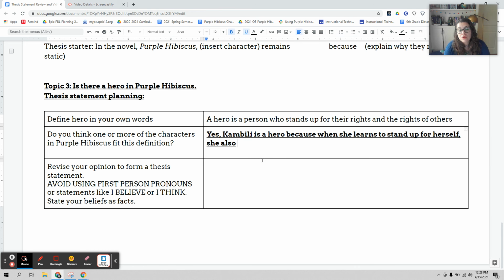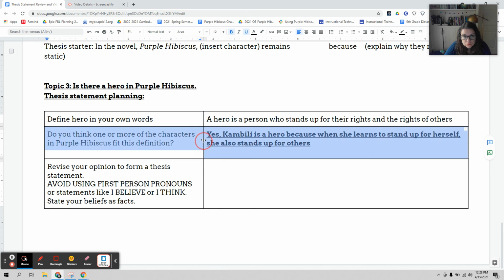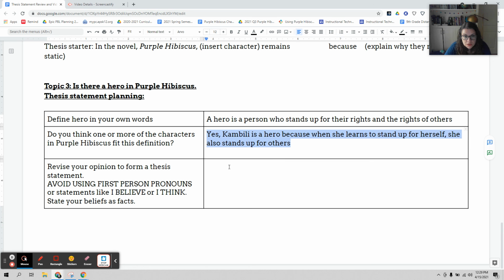She also, so I'm trying to think. She does try to help Mama. Listen, when she learns to stand up for herself, she also stands up for others. So that's just my first basic opinion.